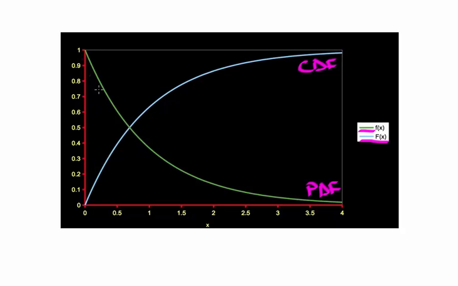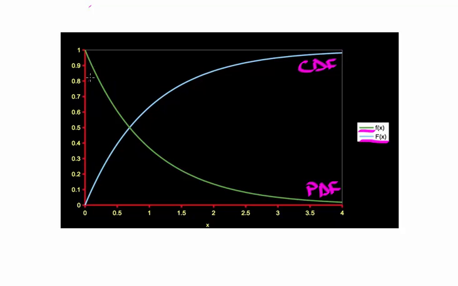This graph is of an exponential random variable. You can see that the PDF is essentially the slope of the CDF, which we already knew mathematically because the PDF is equal to the derivative of the CDF.